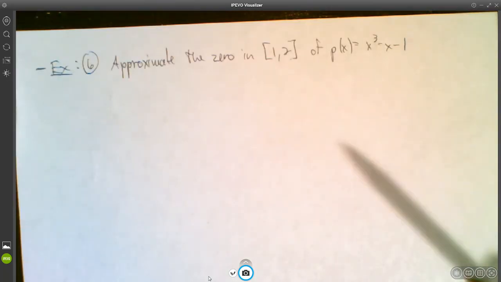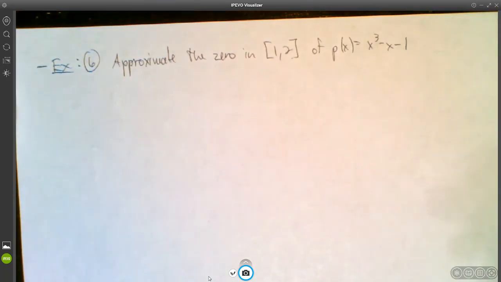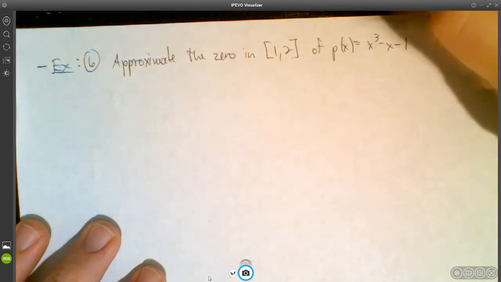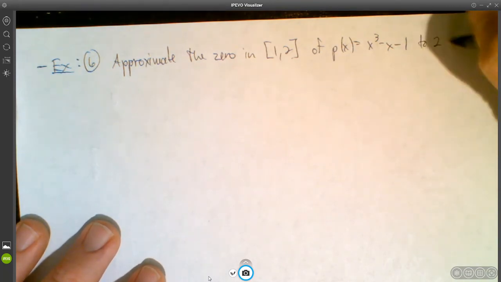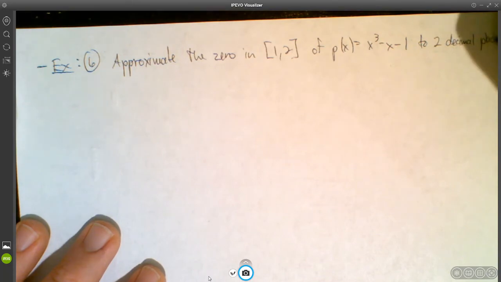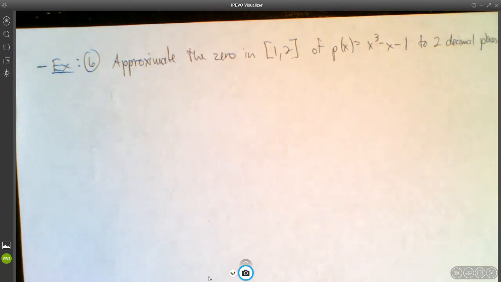Let's approximate the 0 in this interval of this function to 2 decimal places.